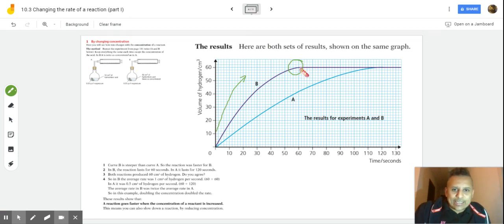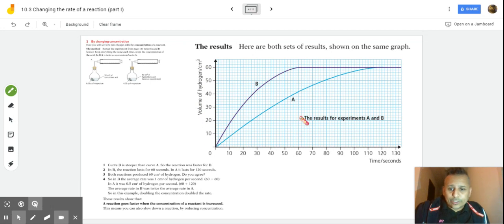Once 60 seconds had passed, the volume of hydrogen was fixed at 60 centimeters cubed, okay? So at that point, the reaction had finished.